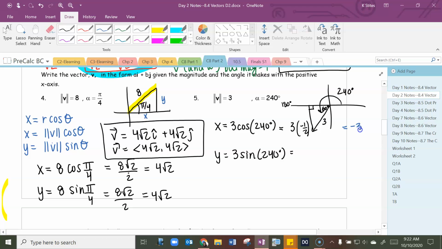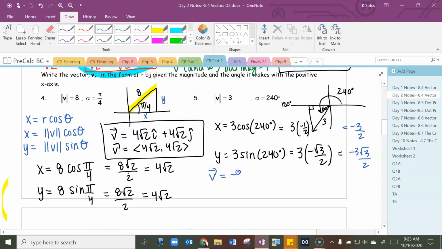So that's negative 3/2. And sine of a 60-degree angle is root 3 over 2, but again, I'm in quadrant 3, so that's going to be 3 times negative root 3 over 2, which is just negative 3 root 3 over 2.